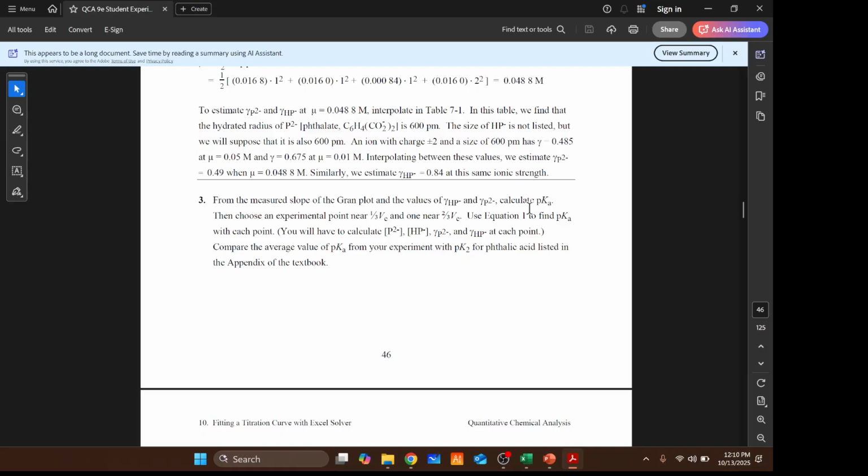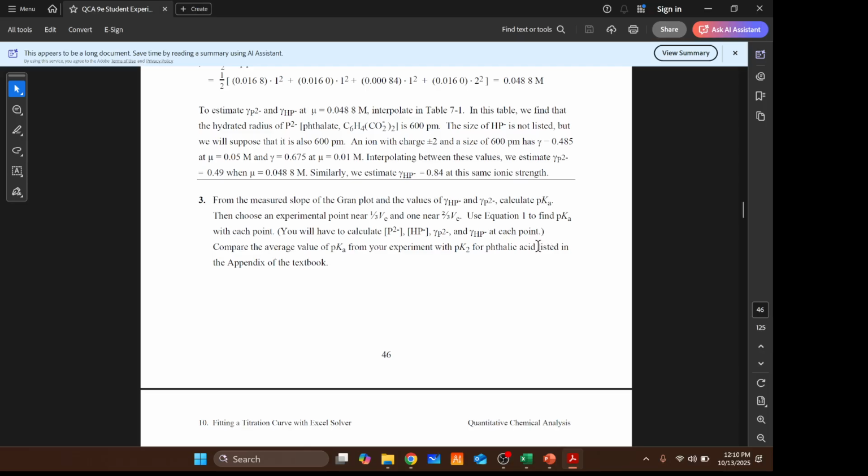Alternatively, since I have my H plus concentration, I could just take 10 to the negative 14 divided by my H plus concentration. So notice that if you have that Ka relationship formula, this all of a sudden becomes incredibly easy to calculate all the points, because you actually know all the values, don't you?